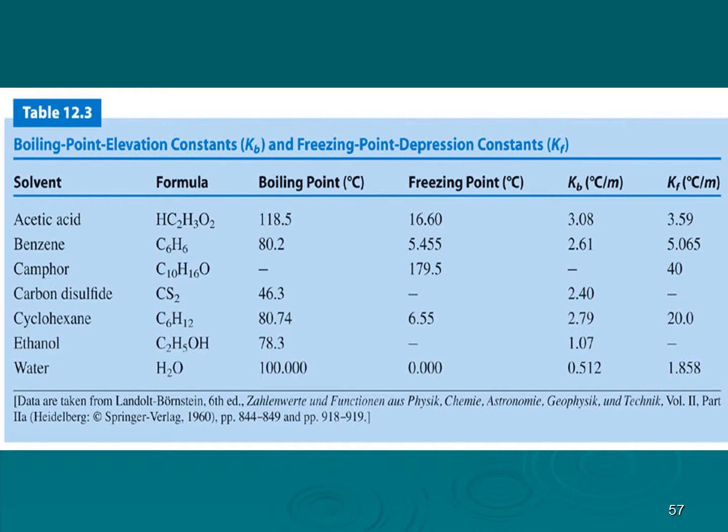And if we're using ethanol, alcohol, or cyclohexane, which I believe if you're doing the freezing point depression lab, we use cyclohexane and we add an unknown to it. The freezing point of cyclohexane is 6.55 and the KF is 20. So that's an example that we do in lab if you haven't done it already.